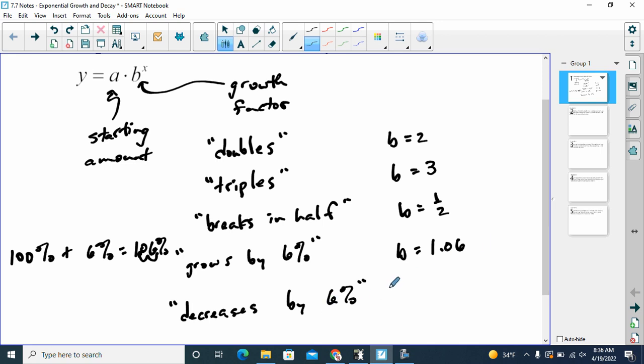That would just mean it keeps 6% of its value. But right now it's at 100%, so we take 100% and subtract 6% from that, which gives me 94%. Then I move the decimal point 2 places, 1, 2, which gives me b is 0.94.